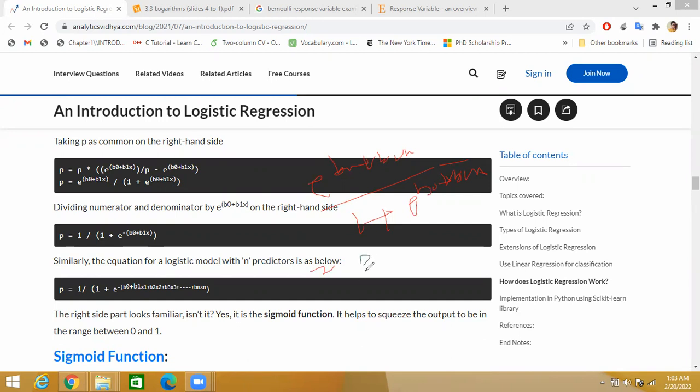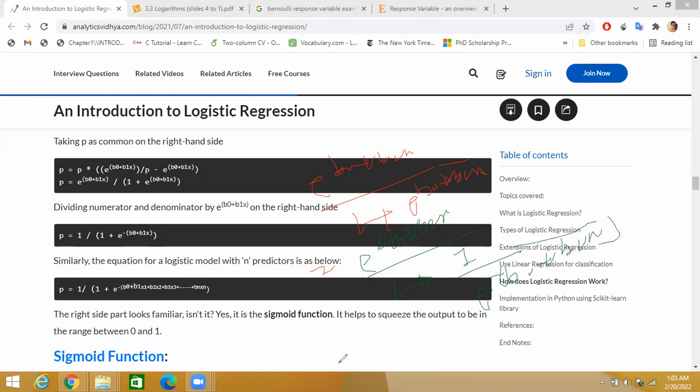Then we have e to the power beta naught plus b1 x divided by 1 plus... so if I take the inverse of this, then it will become 1 divided by e to the power minus beta naught plus b1 x.